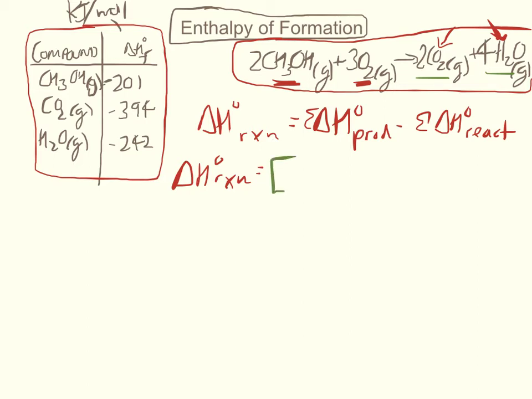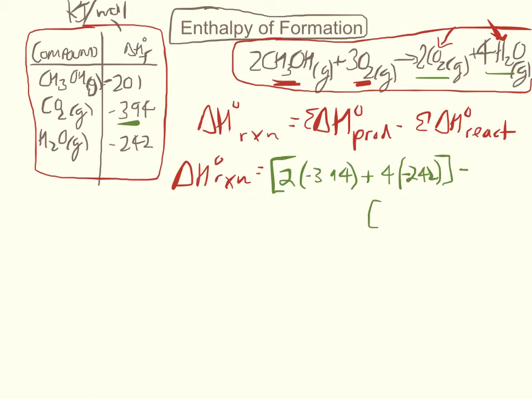So, look in the table, enthalpy for CO2, negative 394, but there's 2 moles of it, so 2 times negative 394, plus 4 times the enthalpy of formation of water, negative 242. Subtract the enthalpy of formation of the reactants.